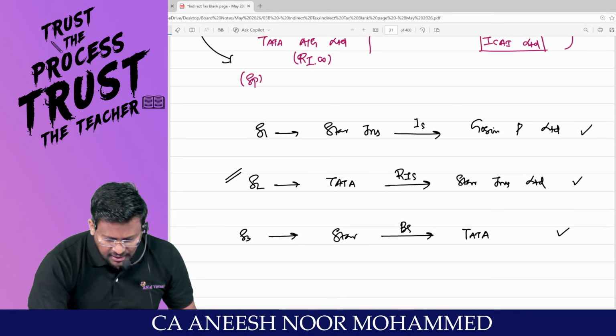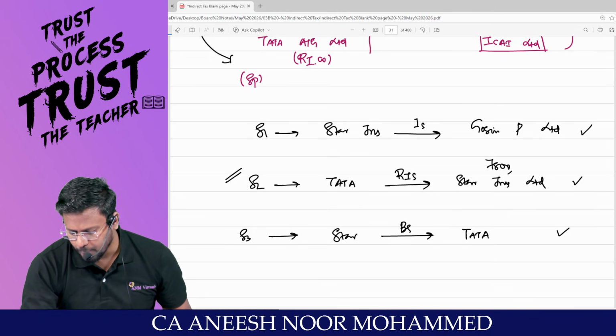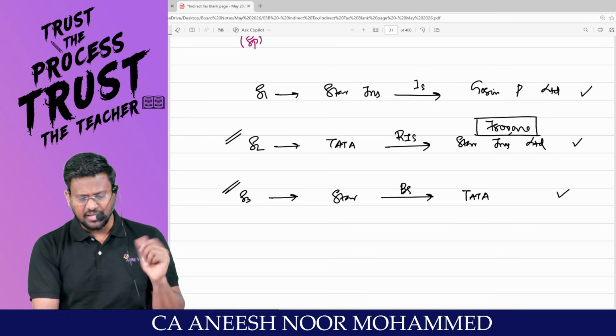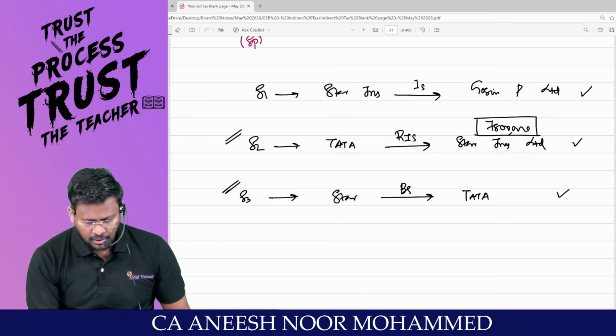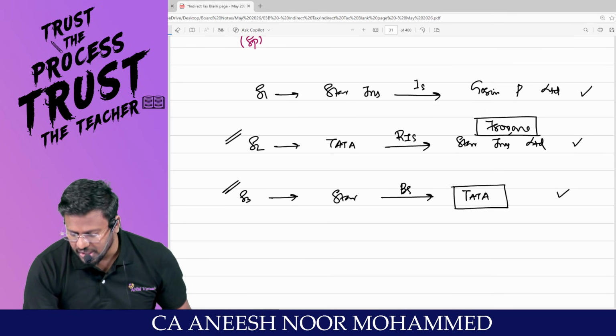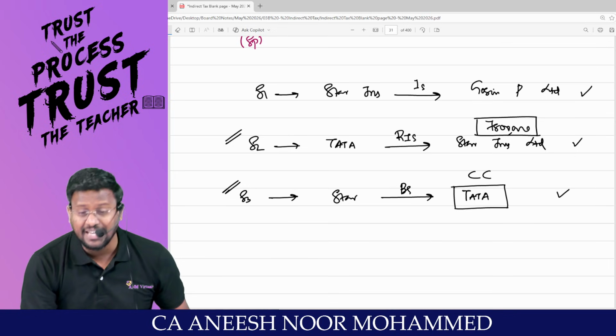Sir, in service number 2, who is the service recipient? Star Insurance. That's why they are supposed to pay a consideration of 78 lakh. In service number 3, who is the service recipient? Tata AIG. That means Tata AIG is supposed to pay the consideration. That consideration is called a ceding commission.